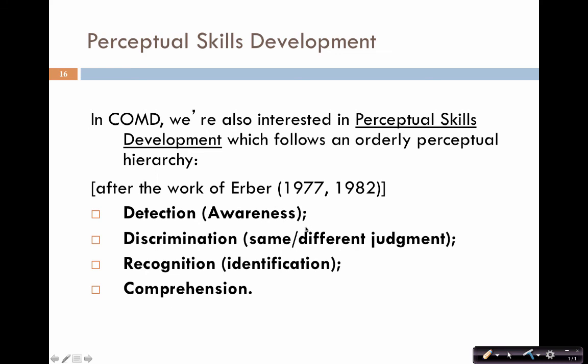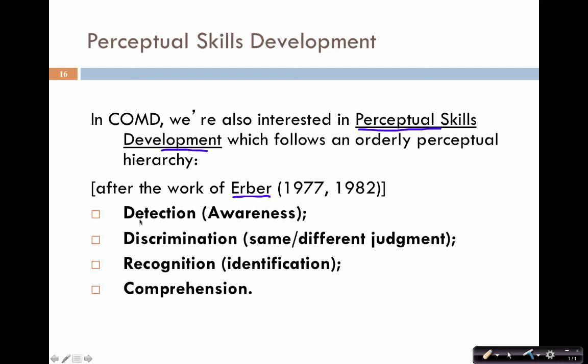Also, in communication disorders, we're interested in something that's been described as perceptual skills development. And in perceptual skills development, there's a very orderly perceptual hierarchy. One of the persons noted for writing about this is an Australian audiologist by the name of Norman Erber, who has written about this many years ago now.